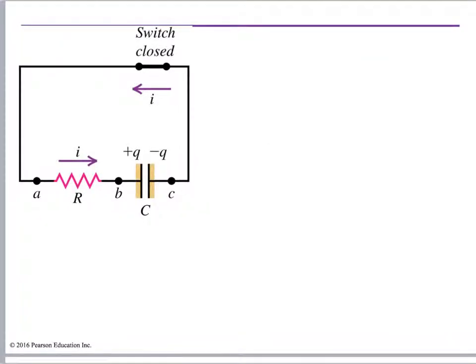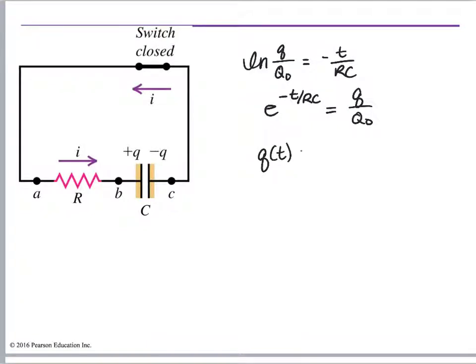The natural log of Q over Q naught equal to minus t over RC can be rewritten as e to the minus t over RC equals Q over Q naught. So Q as a function of time is equal to the initial charge times e to the minus t over RC. So the charge is going to start off at the maximum value and exponentially decay over time.